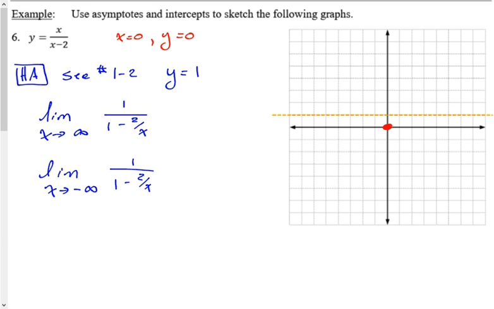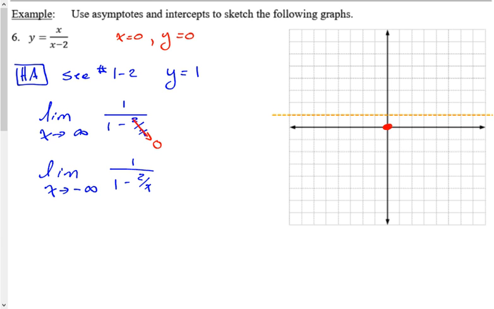So as I'm approaching positive infinity, the 1 will always be a 1. This one, always a 1. But what's happening here? As I approach positive infinity, this whole thing is going to 0. Since I'm going to positive infinity, I have 2 over a positive number, right? But I'm subtracting 2 over something really close to 0. So if I do 1 minus something really close to 0, my denominator is actually less than 1, right?